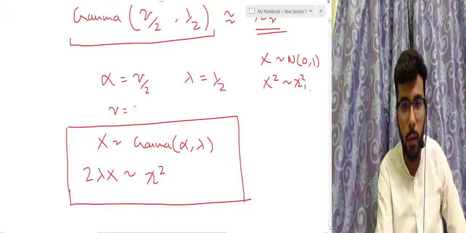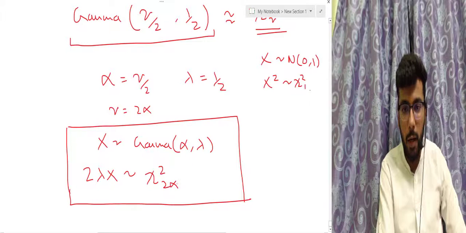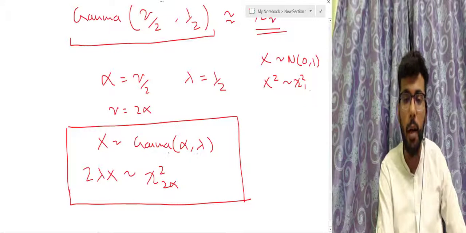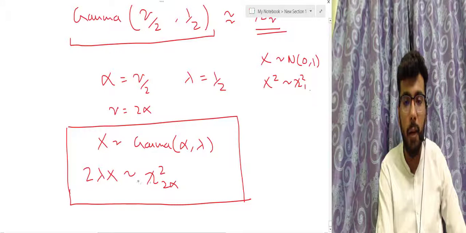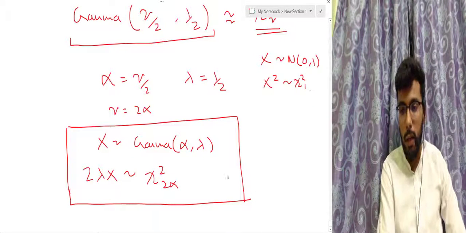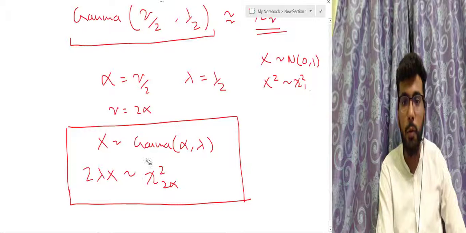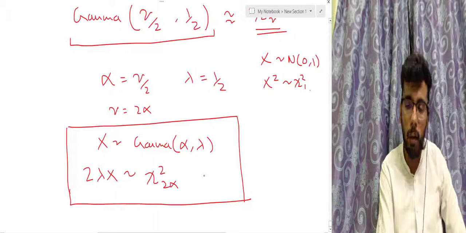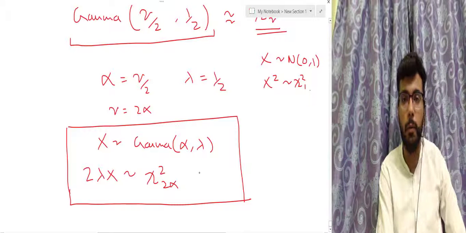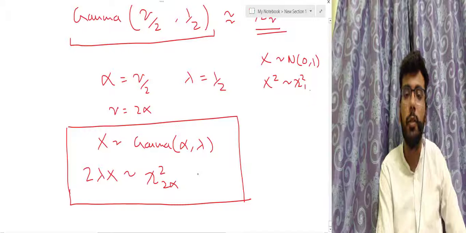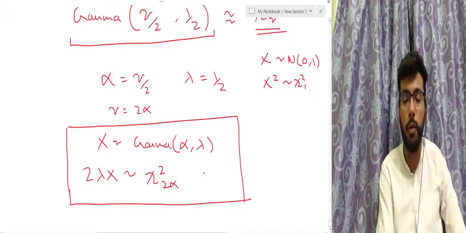So if x follows a gamma alpha comma lambda distribution and you multiply x with 2 lambda, then that will follow a chi-square distribution with degrees of freedom 2 alpha. This definition can be used to derive any probability for the gamma distribution, because the probabilities of the chi-square distribution are already given in the tables. So now I'll give you a few questions on how we find the probabilities of the gamma distribution. Let's move on to that.